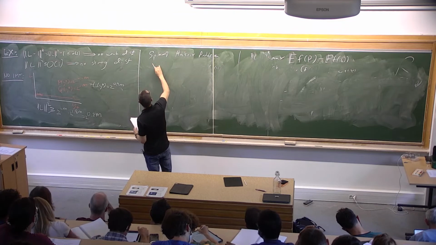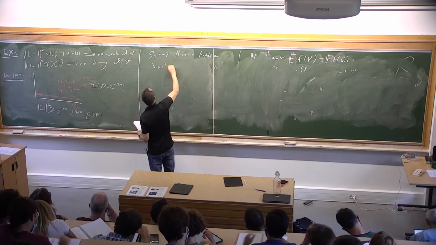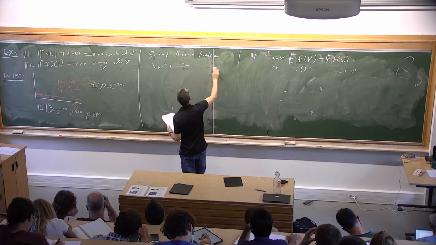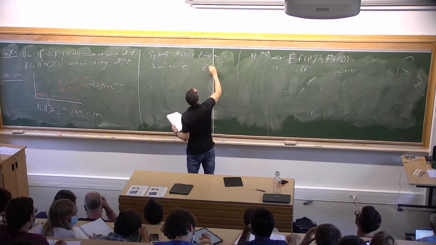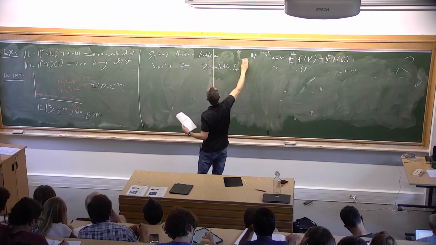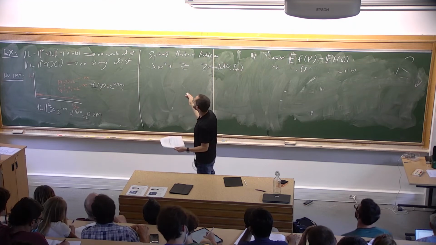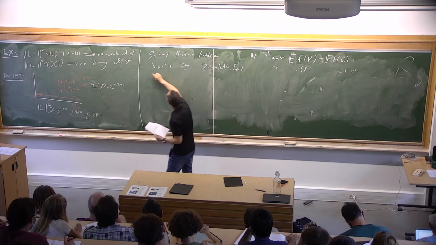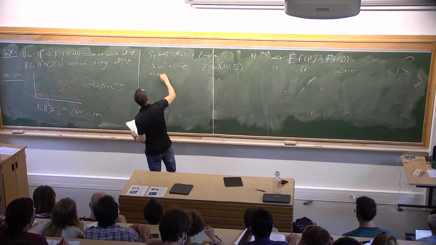You have lambda v v transpose plus z, where z is just a normal n by n matrix. V is, think of V as a random, here let's think of V as n0i.